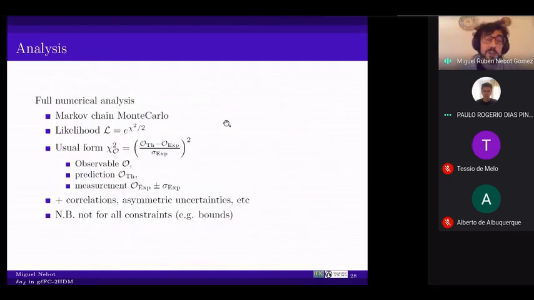Now, of course, this is just the kind of reasoning that you might expect, but you need to do a proper analysis. So the analysis that we did was a full numerical analysis, analyzing the parameter space of this model using Markov chain Monte Carlos, driven by a likelihood. Well, there is a typo here, there should be a minus.